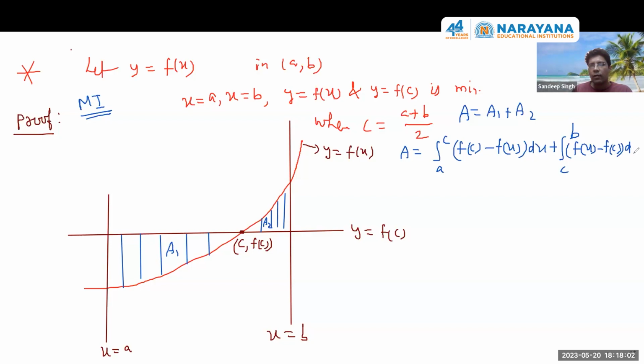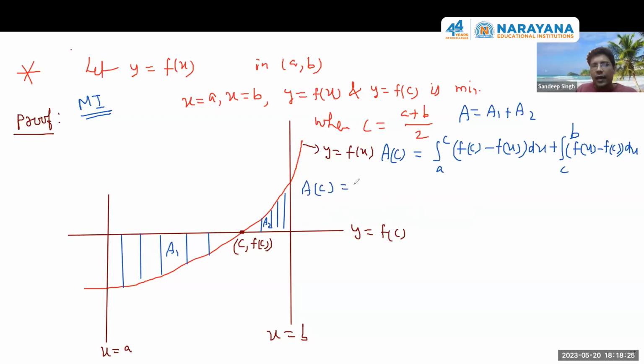I think you are all comfortable with this. And can I write this A as a function of c? This whole expression will come as what? As a function of c, because c is the only variable here. Is that understood? Yes, sir. Correct. So A(c).